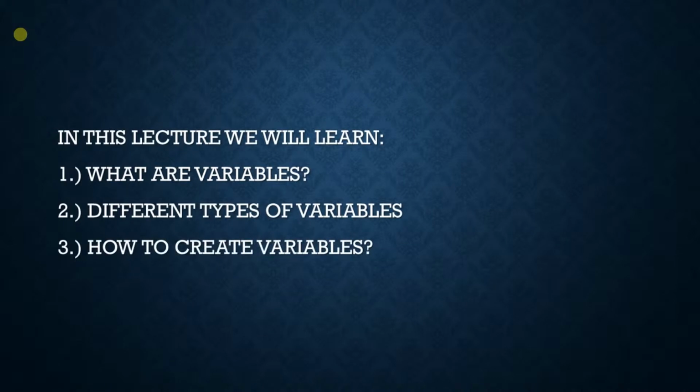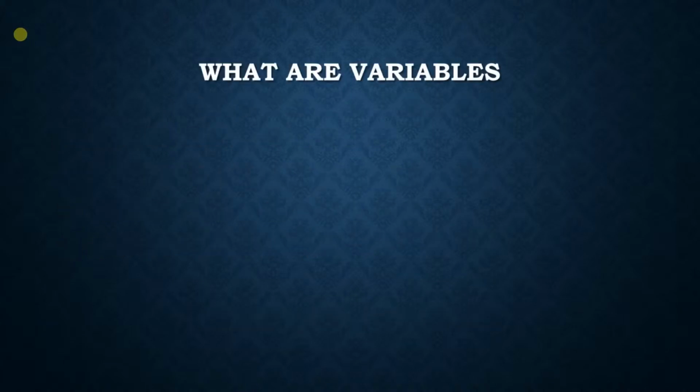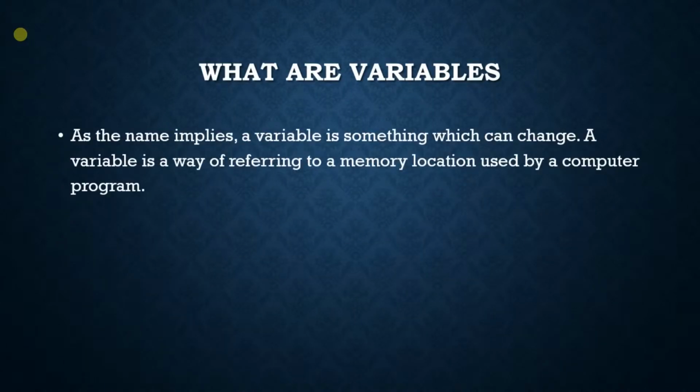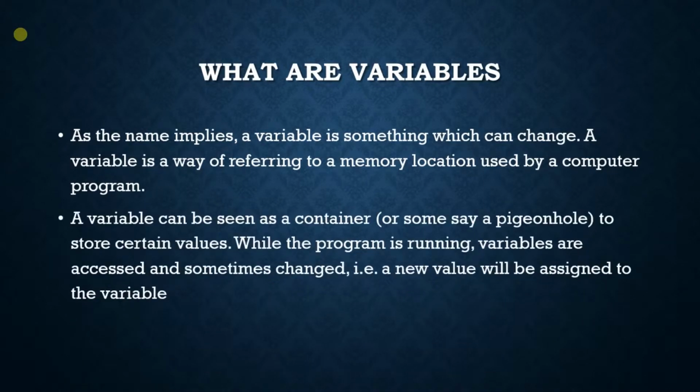Now first of all, what are variables? As the name suggests, a variable is something whose value can change. A variable is a way of referring to a memory location used by the computer program.